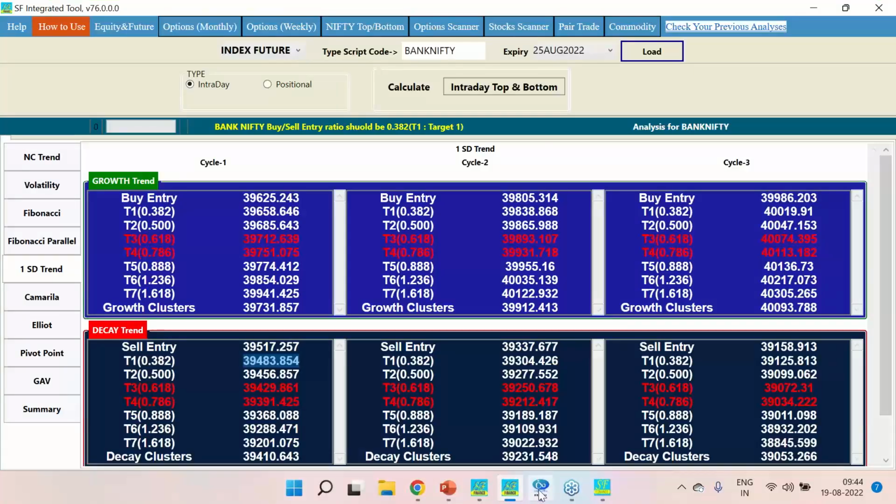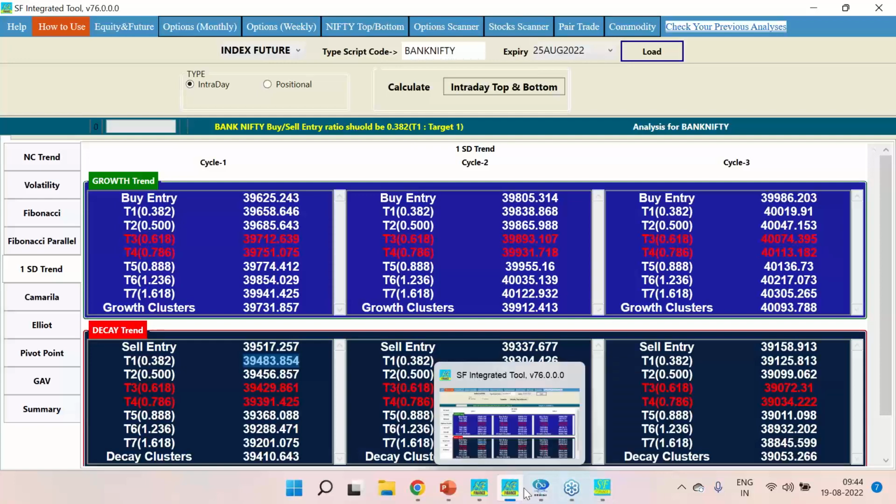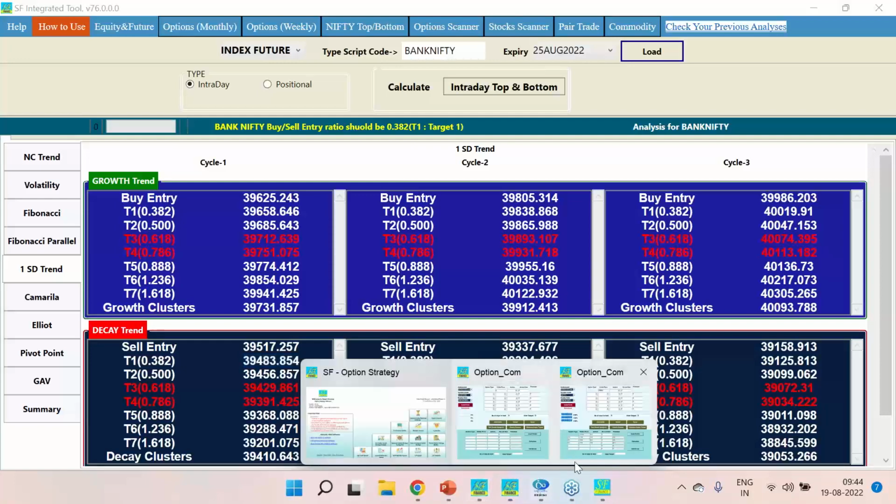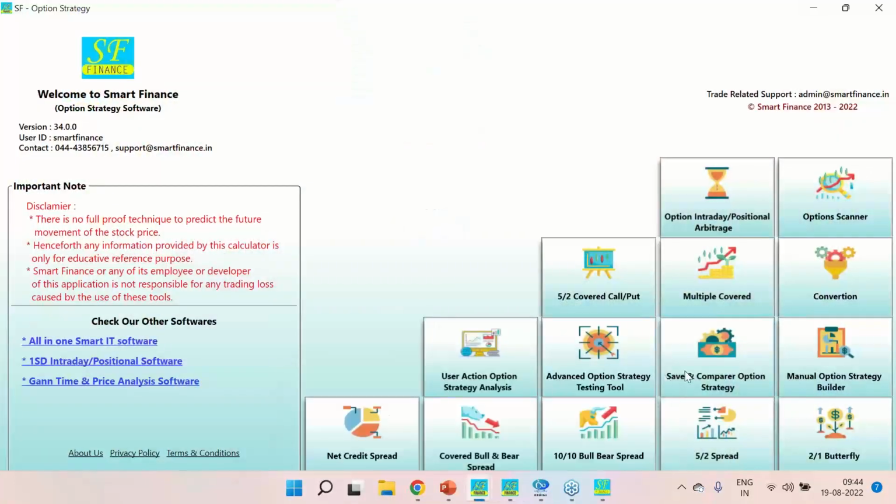Now I will be moving to Prem Kumar, who is going to discuss the option strategy tools, save and compare option strategy. Here we can form an option strategy, save it, and check it in future. Suppose today, 19th of August, I am forming a strategy.